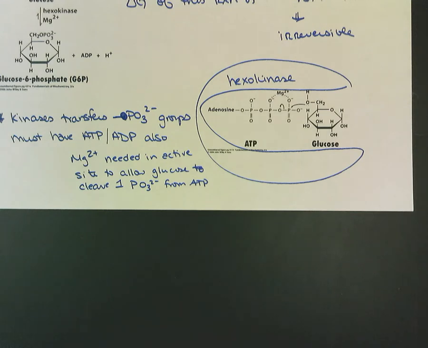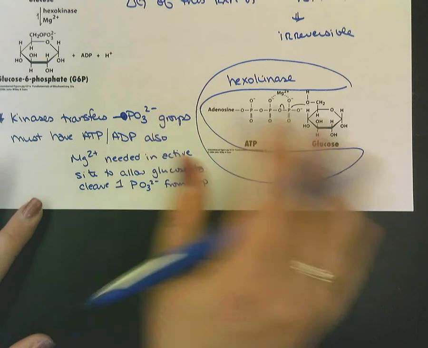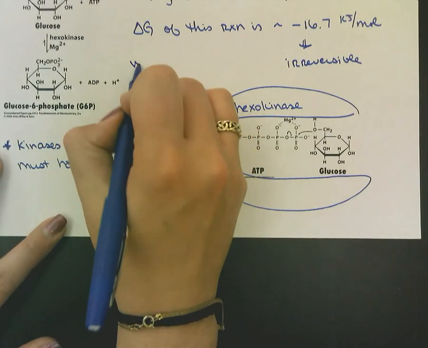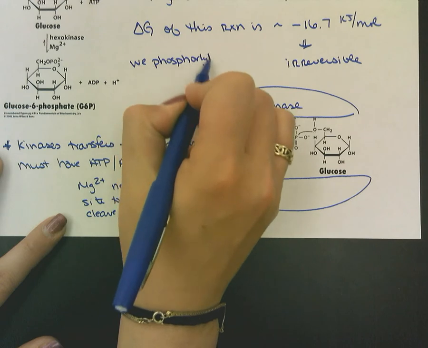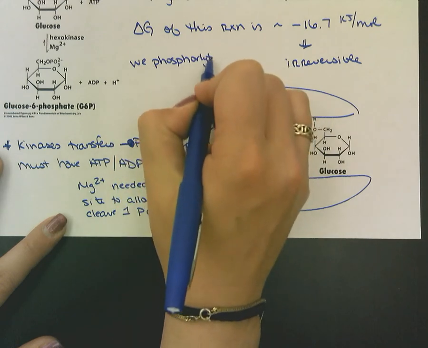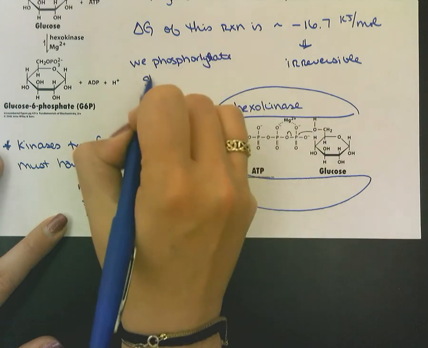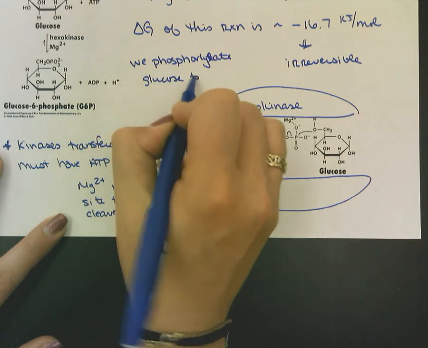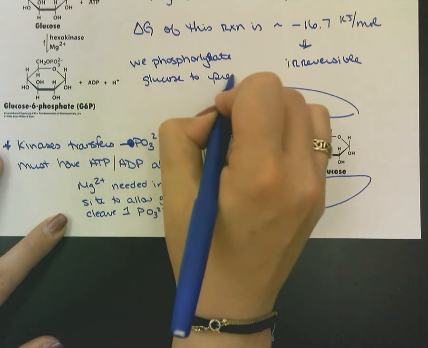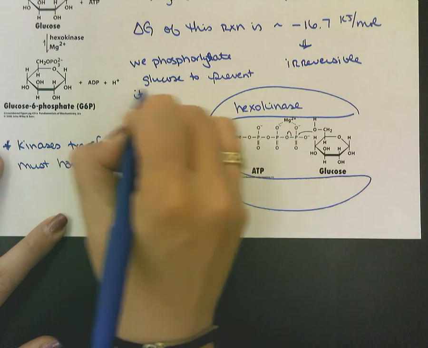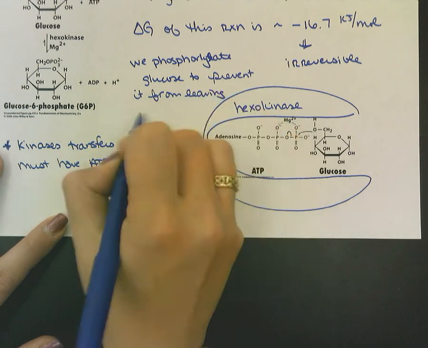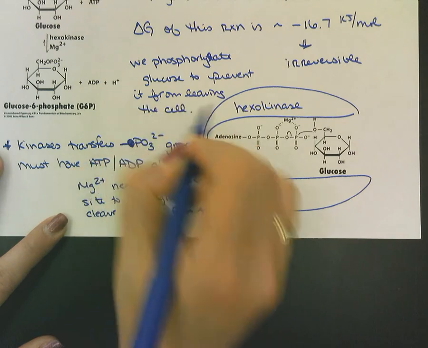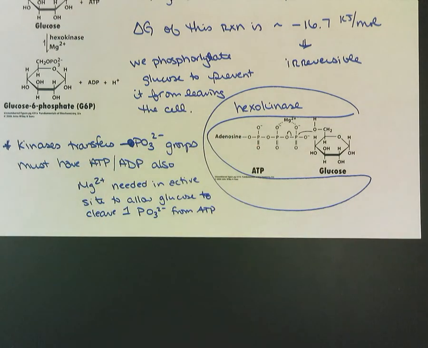So why do we put that phosphate group on the glucose? Phosphorylate. We only have glucose transporters in your cells.